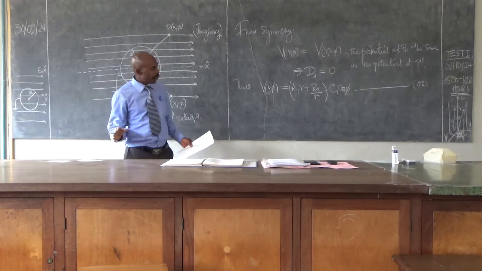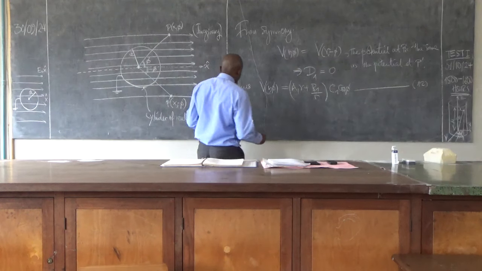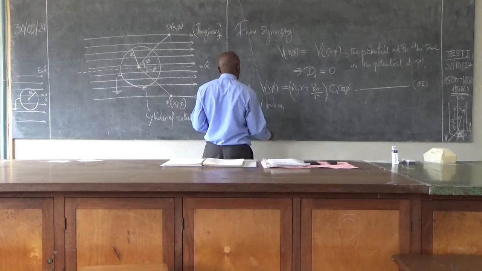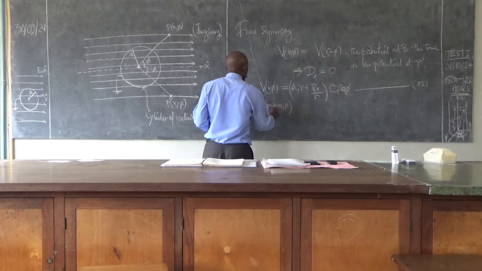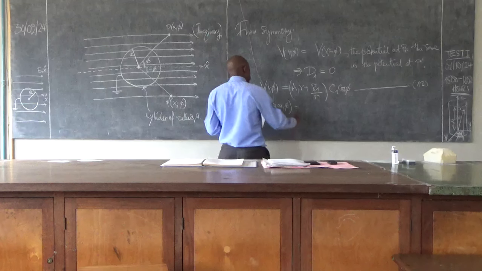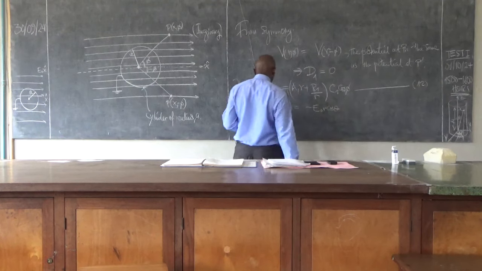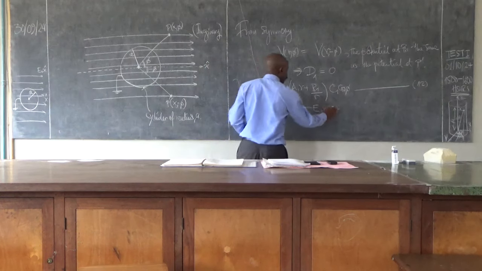As we move far away from the cylinder, with R tending to infinity, V(R, phi) would be the same as minus E naught R cos phi from condition 1, sorry, phi, not theta.